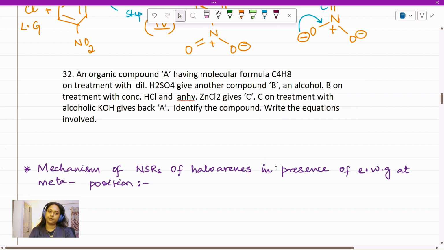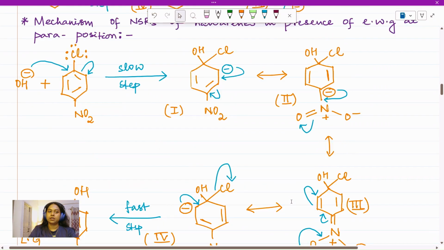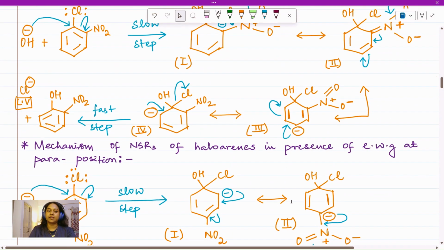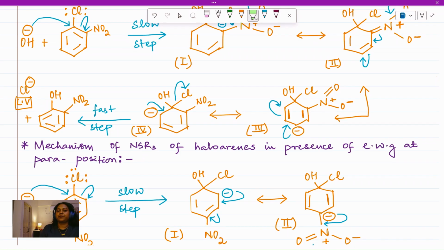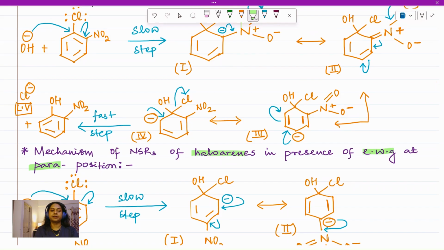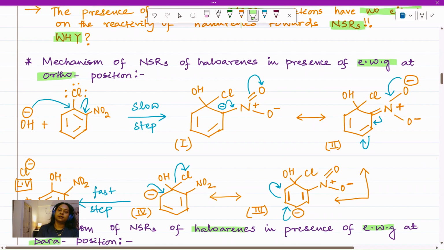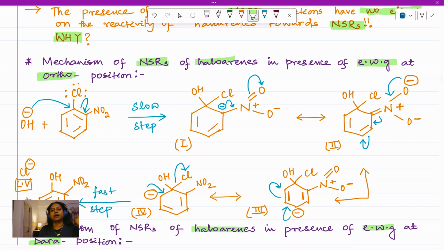If you are here, people of CAS, what did we do? In the first part, we studied the mechanism of nucleophilic substitution reaction in haloarenes in the presence of electron withdrawing groups at two positions, one at para, and how it affects. We've also looked at the mechanism of NSR of haloarenes in the presence of electron withdrawing groups at ortho.